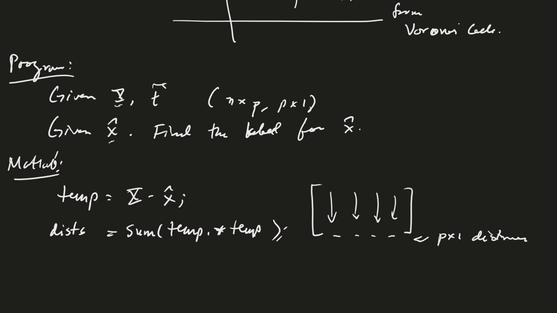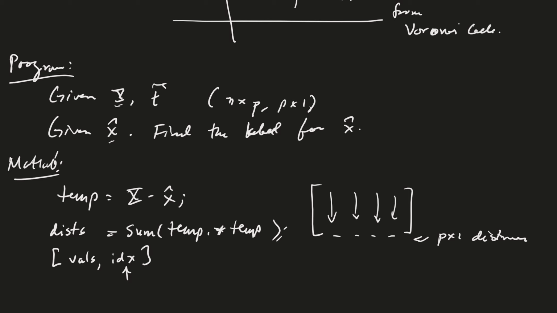Now that we have our distances, we just have to find the shortest one. And in MATLAB, the sort command outputs two different things. The first thing is the values of the sorted vector, and the second thing is the indices of the sorted data.